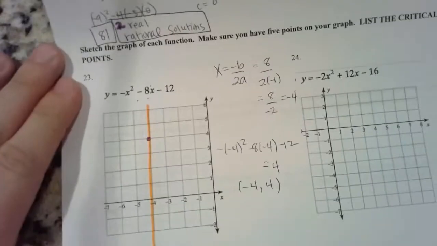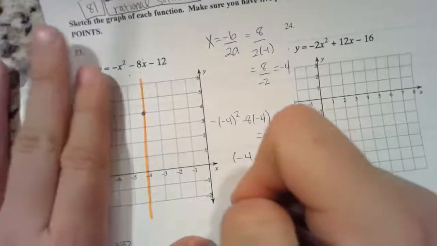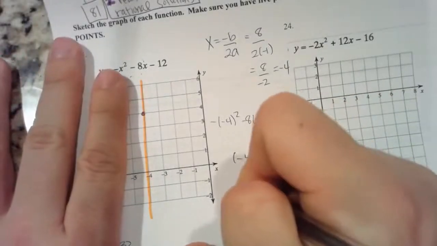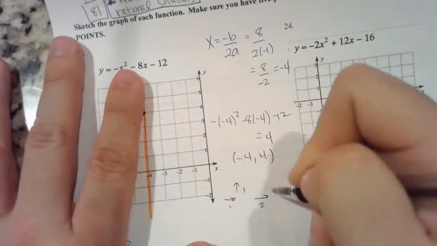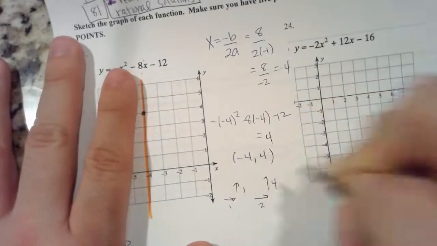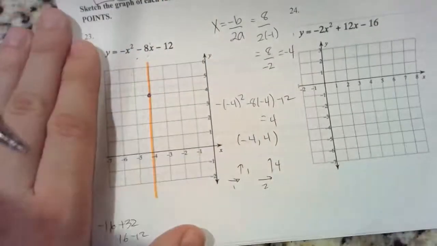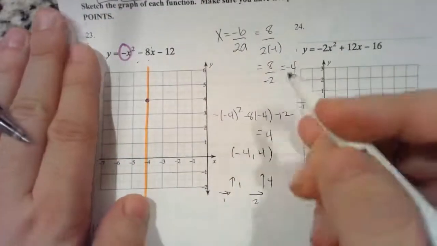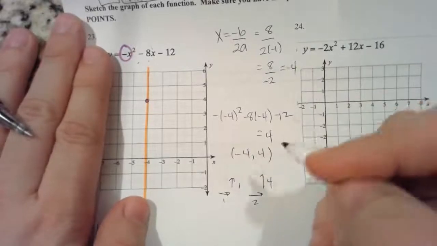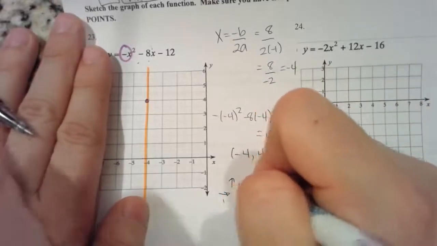Okay, so now we have to remember what the general pattern is for a quadratic. Normally, we would go over 1, up 1, over 2, up 4, right? But because the A is negative right here, I'm going to take all of my ups and multiply them by a negative 1.